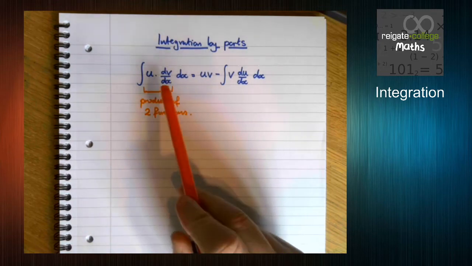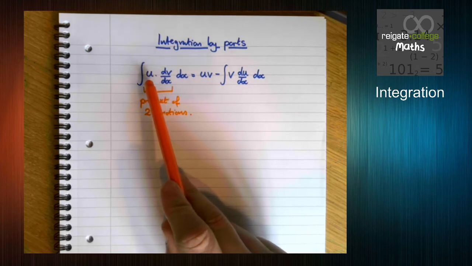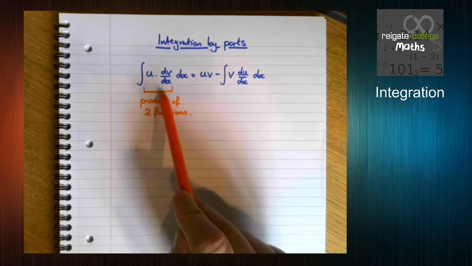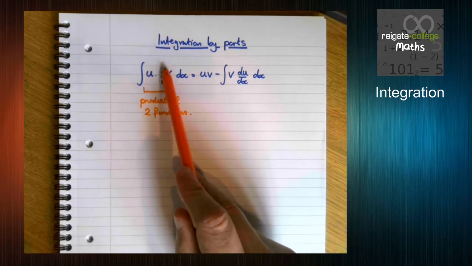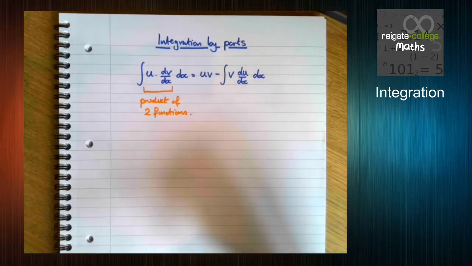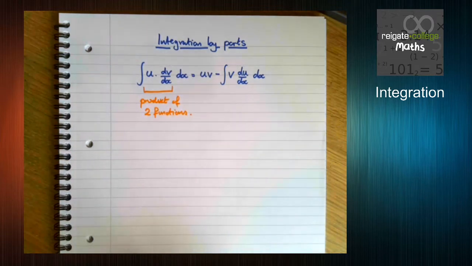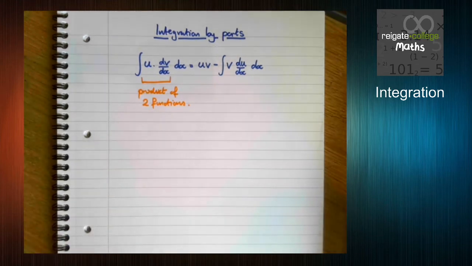Here, we are identifying the integral, the thing we're trying to integrate, known as the integrand, as u times dv by dx. The layout works almost identically, and the process works the same, but it's very, very different.